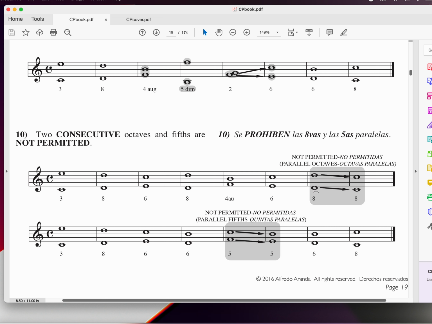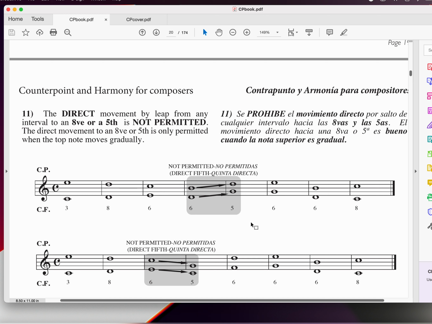Like in this example, you have a D and a D that goes to the C and the C. That is a parallel octave. That is not allowed. Or a fifth in any direction, going down or going up.